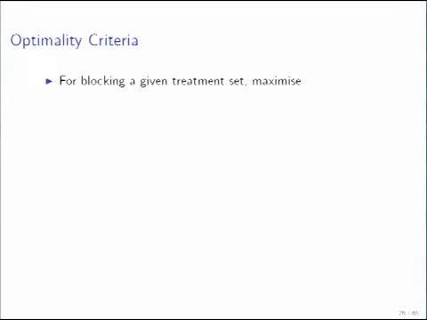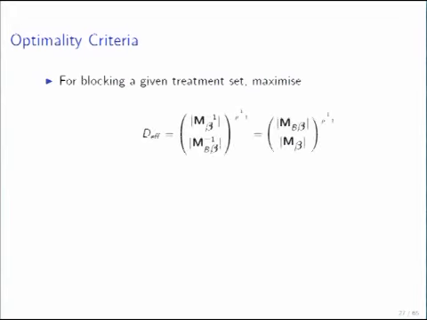For blocking, I will be mentioning criteria for blocking a fixed treatment set, and so in case of D, we can say that the D efficiency is the ratio between the determinants of the inverse of the information matrix from the unblocked design by the blocked design.